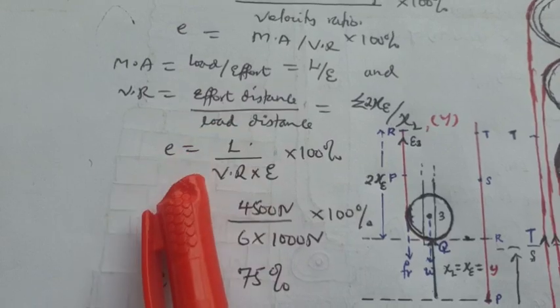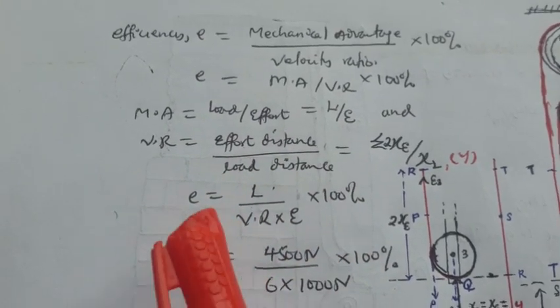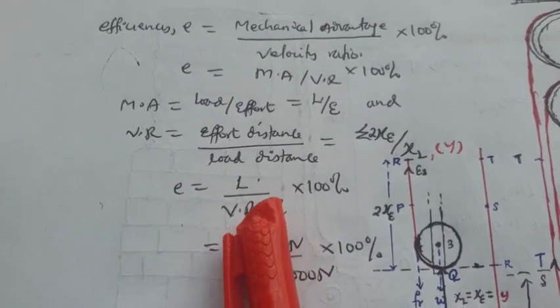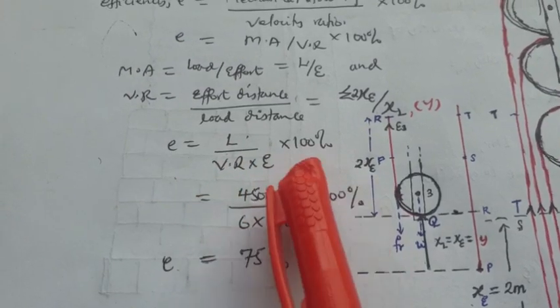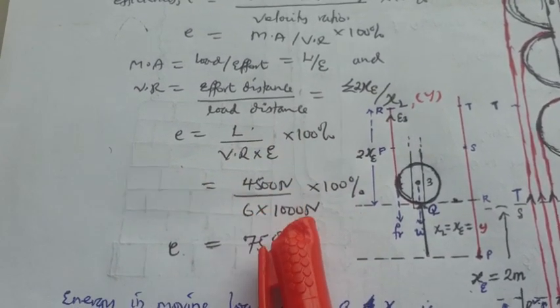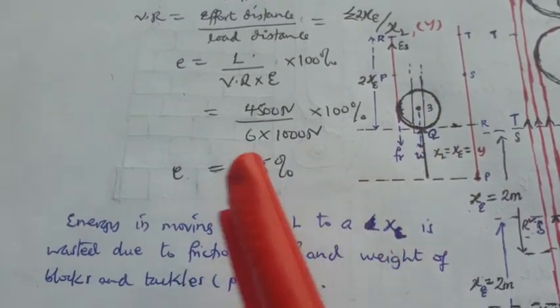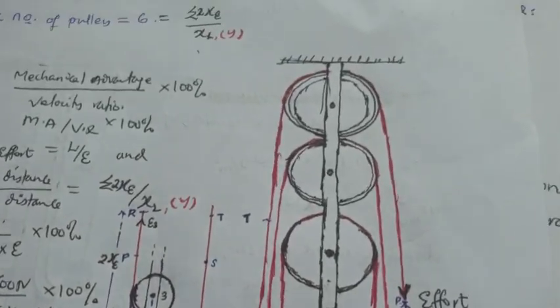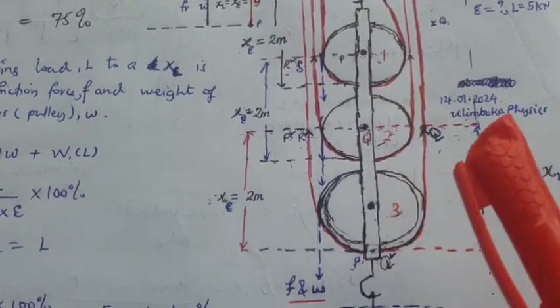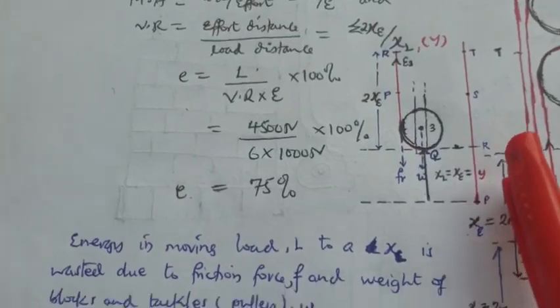We substitute the expression for mechanical advantage, which is load divided by effort. Then we substitute the values for load, effort and velocity ratio. We get 75%. This is the efficiency of this machine, the ability of this pulley system to do work.